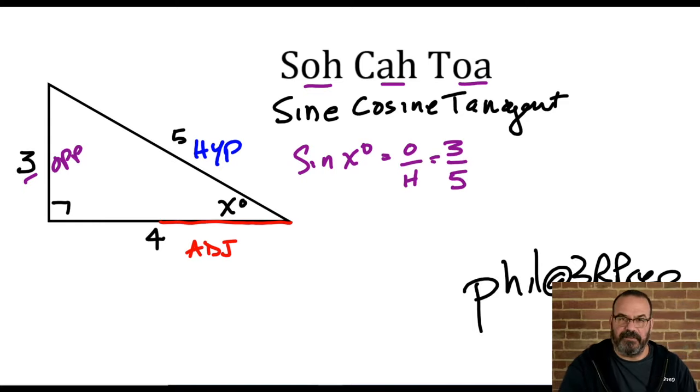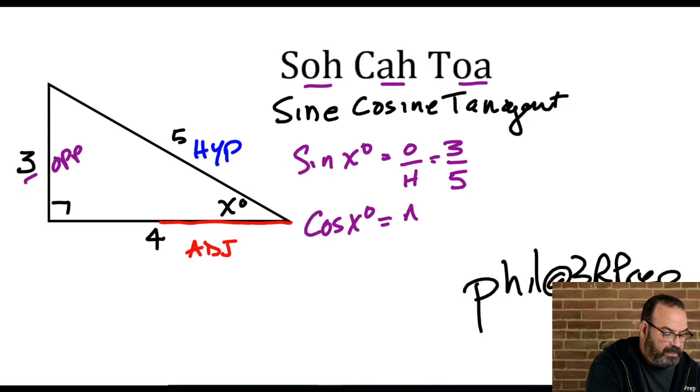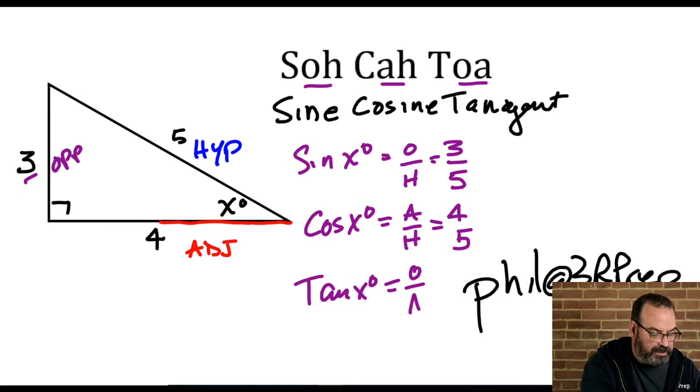So the sine of x degrees is 3/5. The cosine of x degrees is equal to the adjacent over the hypotenuse, or 4 over 5. And lastly, the tangent of x degrees is equal to the opposite over the adjacent, or 3 over 4.